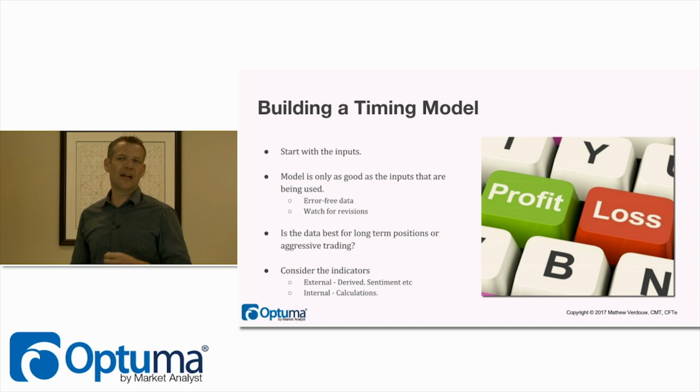There may be an expectation of analysts, and then the analysts make a revision, and that changes. And so it's not as simple as sometimes our technical price charts. But we have to be able to understand when they happen and adapt our models, or be able to get that data into our model as quickly as possible.